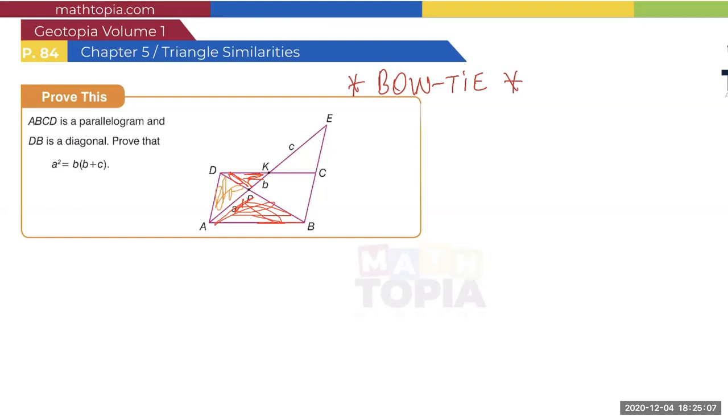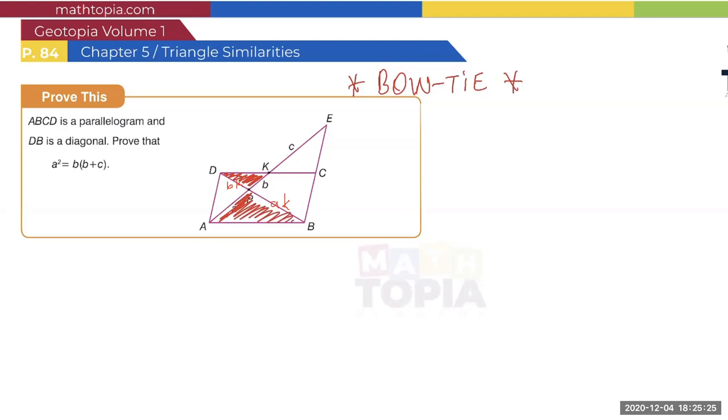So first, let's focus on the red triangles. We know that this is BK and this is AK because we both scaled them up by some amount in order to keep the ratio the same.